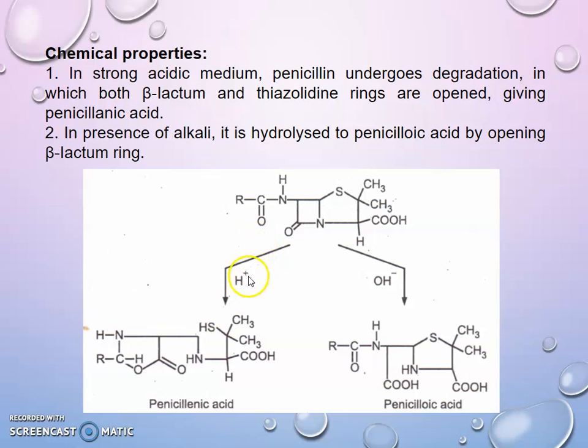When penicillin is in acidic medium, that means in H+ ions, it undergoes degradation in which both beta-lactam and thiazolidine rings are opened and gives penicillinic acid. And in alkali medium, that means in presence of OH minus, it opens only the beta-lactam ring and gives penicilloic acid.